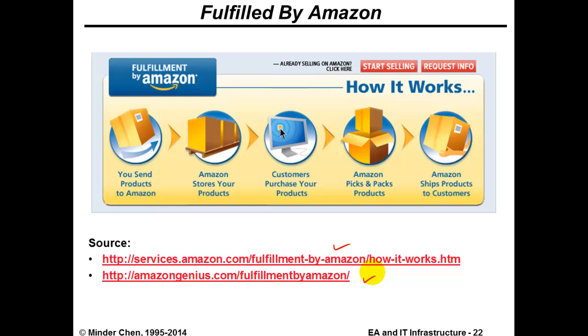If you have a product you want to sell through Amazon, under this Fulfilled by Amazon banner, you ship your product to Amazon. Amazon will store your product at their warehouse. When a customer finds and purchases your product, Amazon will handle the order fulfillment, pick and pack the product, ship it to the customer, collect the money and eventually pay you.